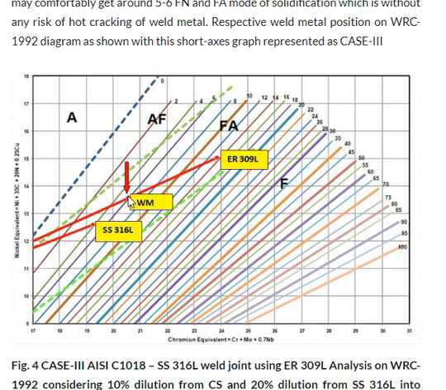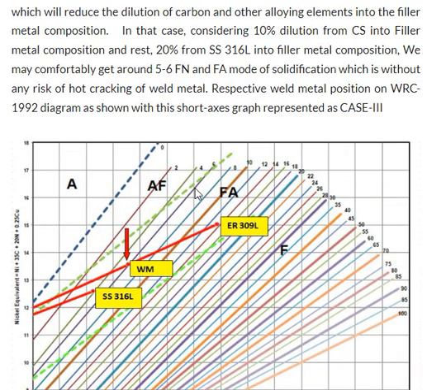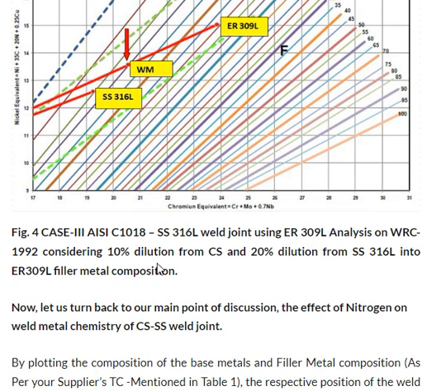And secondly, the mode of solidification will be AF. Sorry, nearly FA mode of solidification. So this is case 3, considering a 20% dilution from the SS316L into the ER309L filler metal composition.